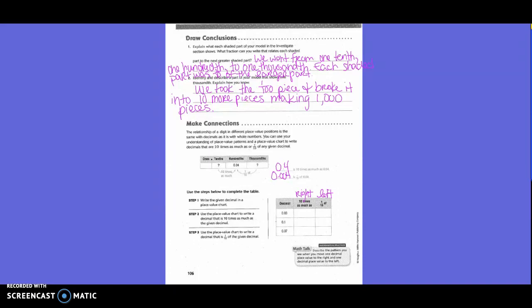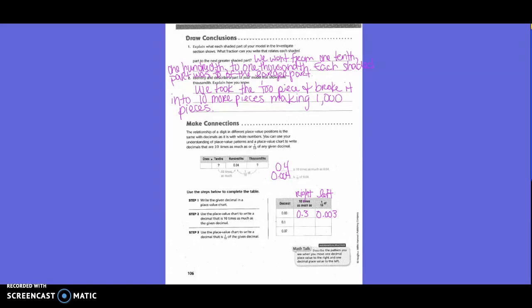So 3/100ths, we're going to make it 3/10, and then 3/100ths, 1/10 of it would be 3 thousandths, right?